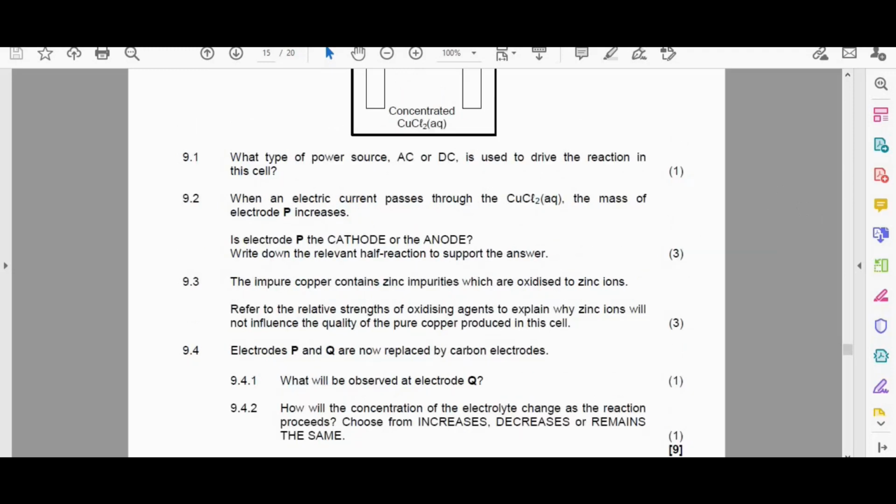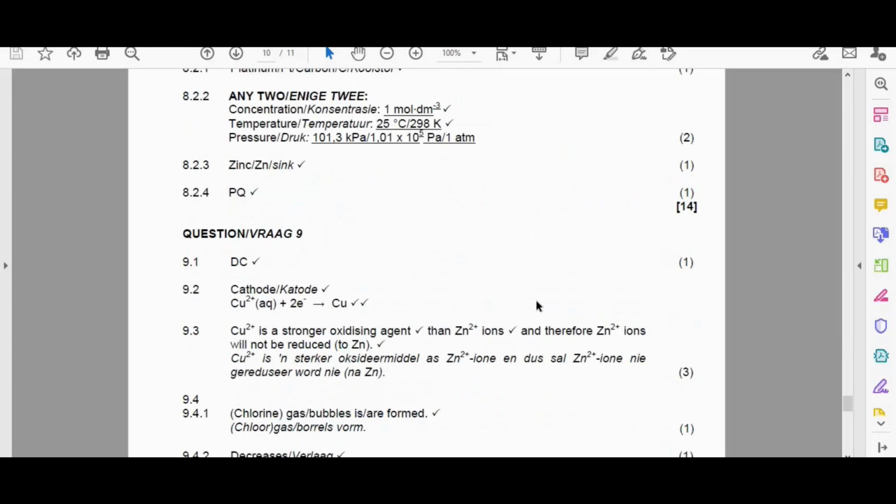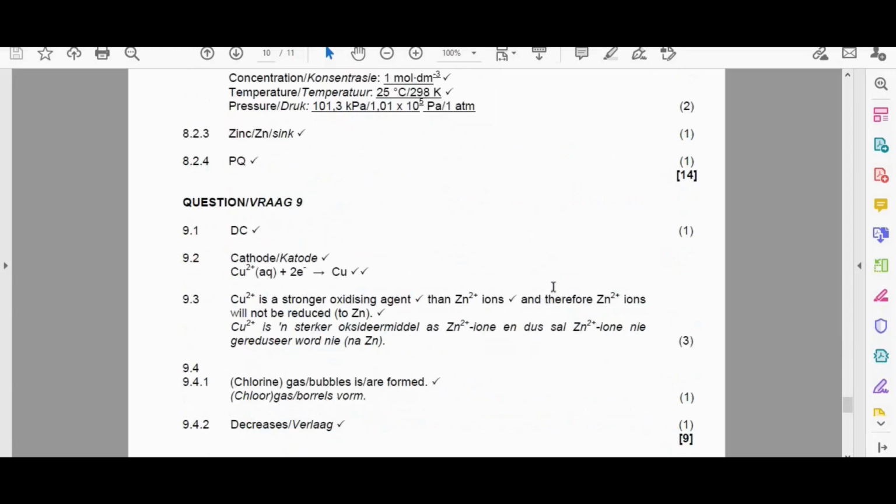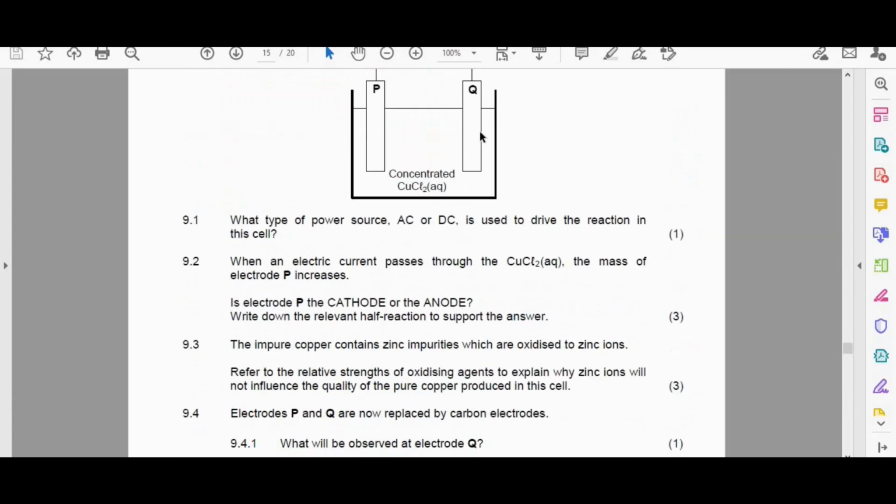So what will be observed at electrode Q, because now it's carbon? There will be chlorine gas bubbles that will form around the electrode Q. If P was the cathode, Q is still your anode.